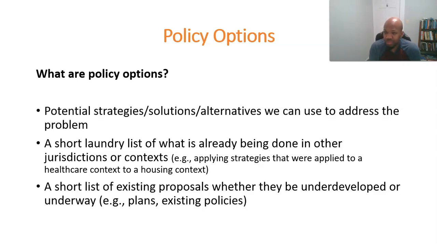So what you want to do is think about maybe going to the grocery store and creating a list of the things you need to feed your family. And so those are solutions. Your family's hungry. What do you need? What are those elements you need to feed them? Maybe you have a child that's lactose intolerant. So that might not be a feasible policy option. It will not make it on your laundry list.